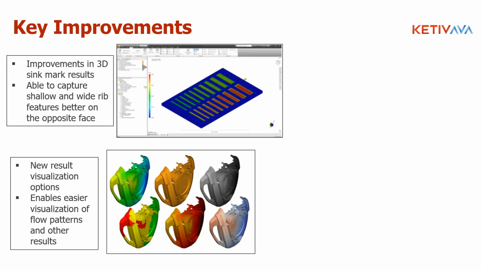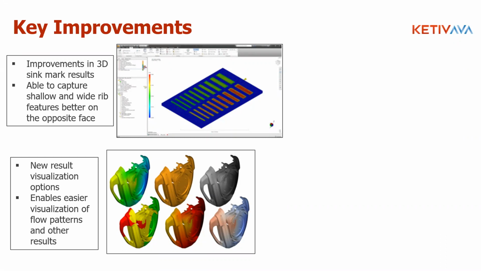You now have a whole bunch of different options to visualize your results, and this is geared partly towards even the visually impaired. So if you want to look at results in a different manner, identify flow patterns and other results, and isolate them visually, you'll now be able to do that.